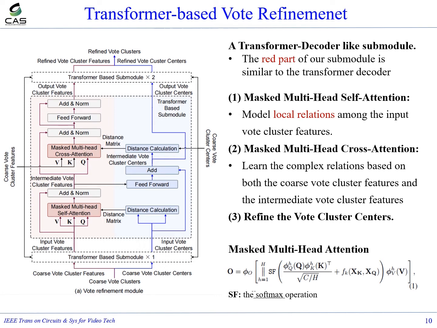Moreover, we refine the vote cluster centers in each transformer decoder-like submodule. By utilizing multiple transformer-based submodules, we can progressively refine the clustered coarse votes based on the relative position of the points in point clouds and generate more accurate vote prediction.